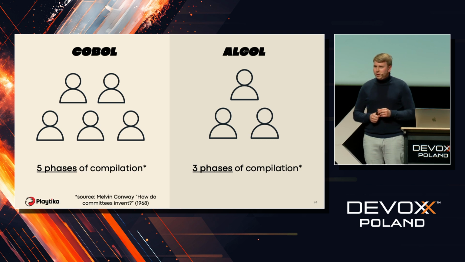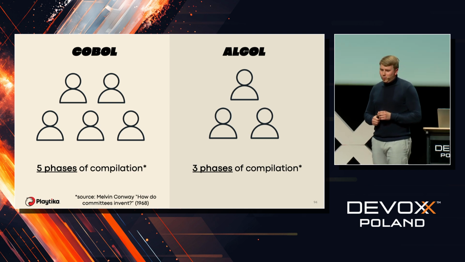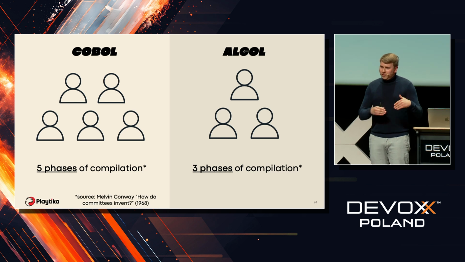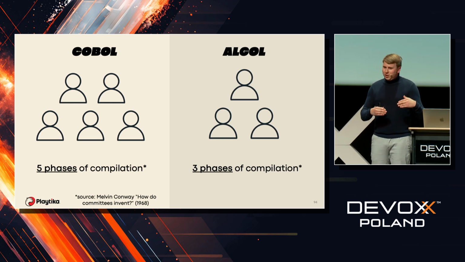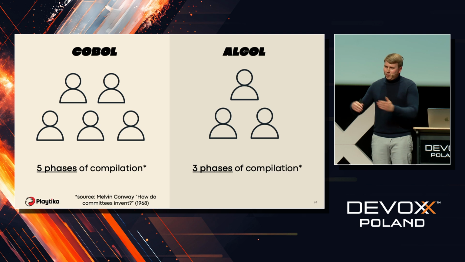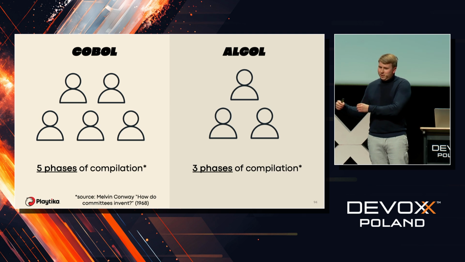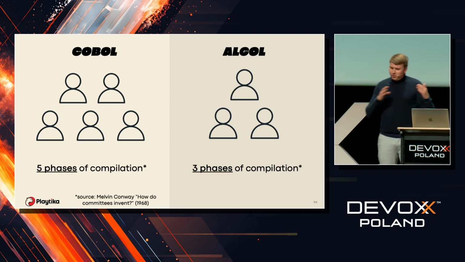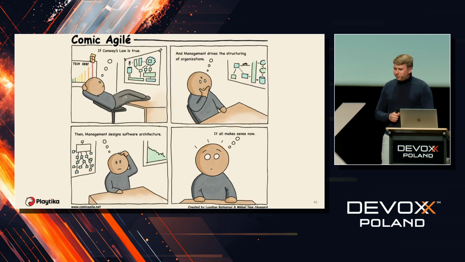And Conway gives an example when there were two developer teams. One had 5 engineers, and they implemented a compiler which has 5 phases of compilation, while the 3 engineers implemented the compiler for 3 phases of compilation. So this is how the architecture reflects the organizational structure.